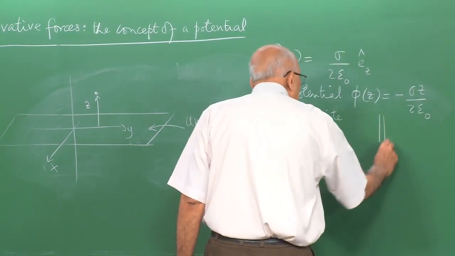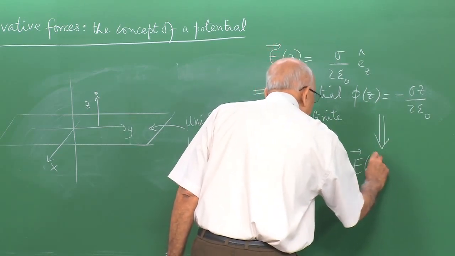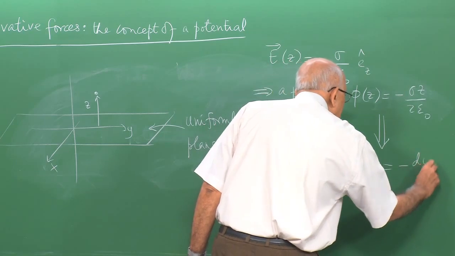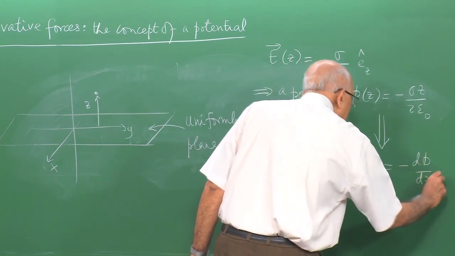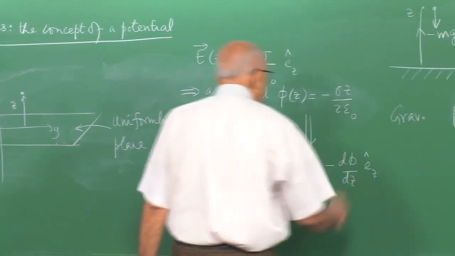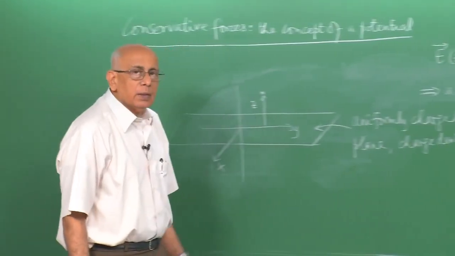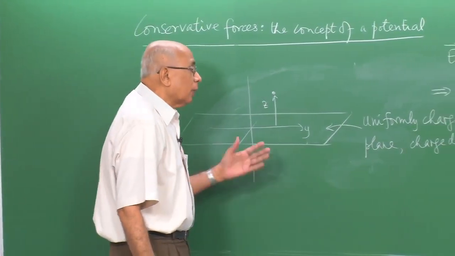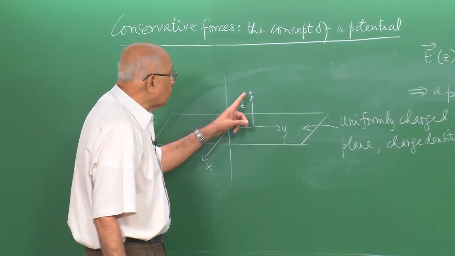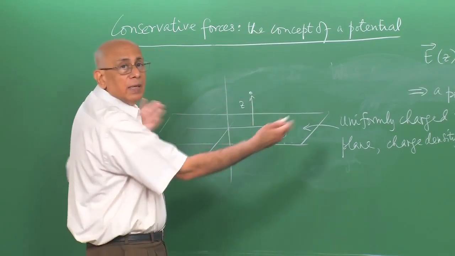And then E of z equals minus d phi over dz times Ez. The minus signs will cancel out and give me this force here. So in this particular problem, the force is actually a constant independent of the height above the xy plane, because it's an infinite plane.